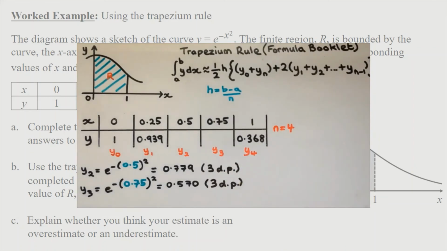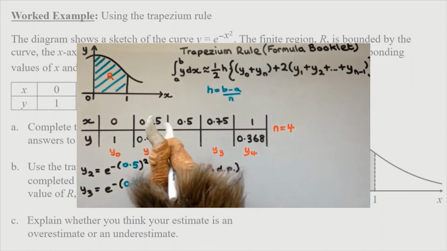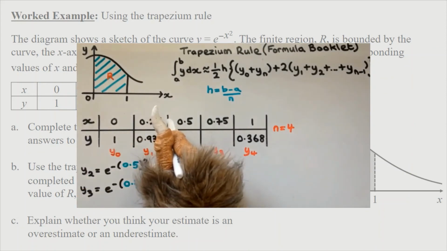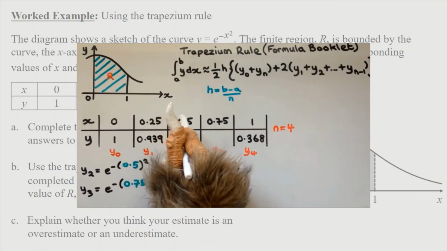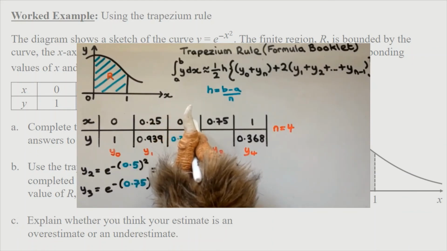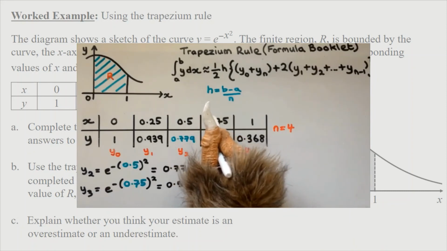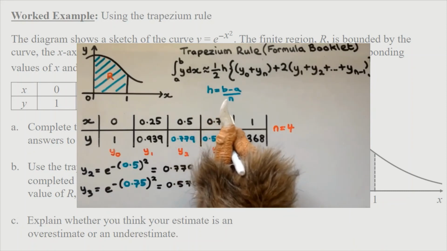Alright, so we've now got y2 and y3. I might as well fill those in the table. So we've got 0.779 and 0.570.